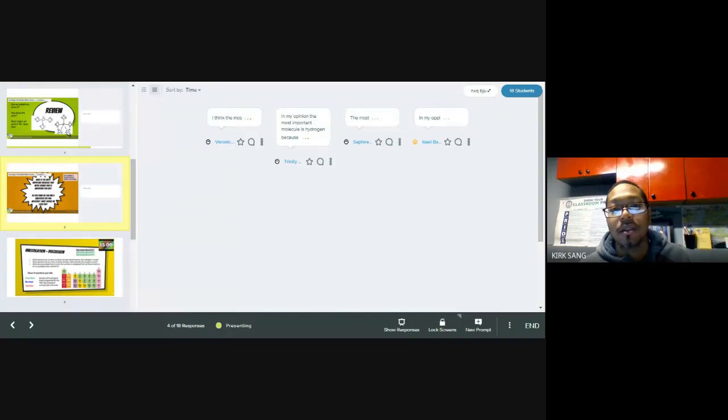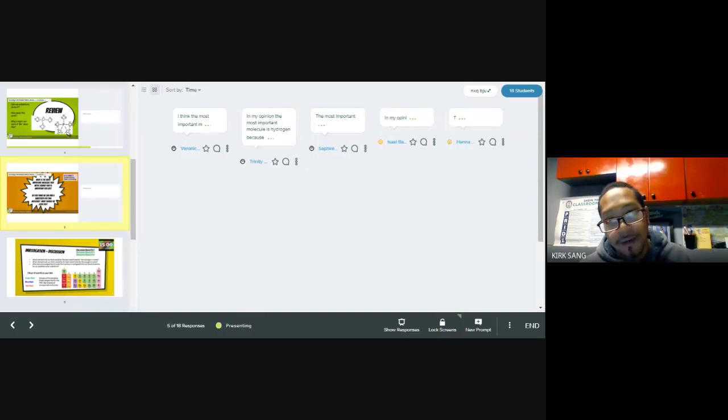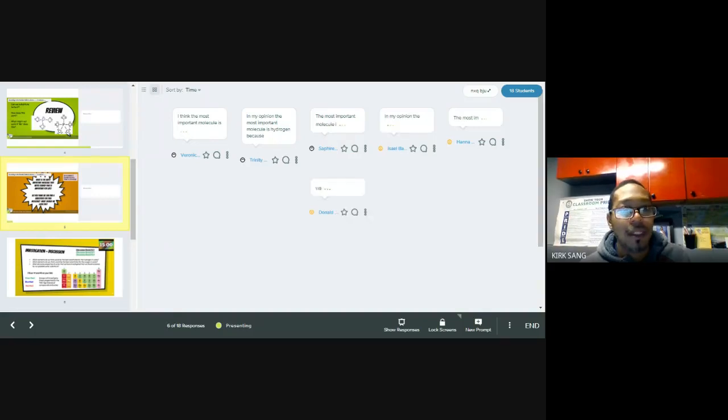When some parts are correct and some parts not correct, 2.8. Using all vocab terms correctly and using the sentence frame, that's a 3.4. Thinking outside the box, 4.4.